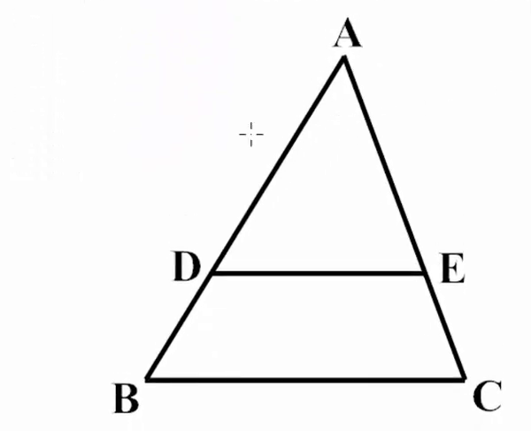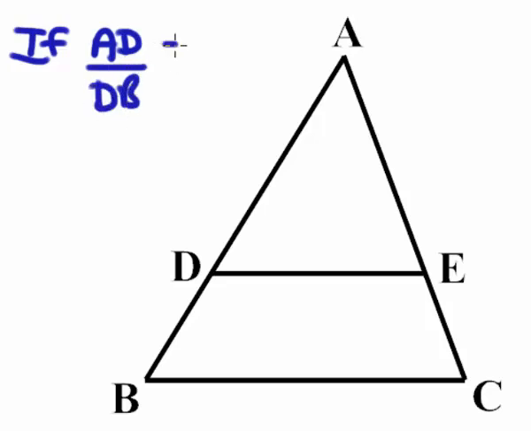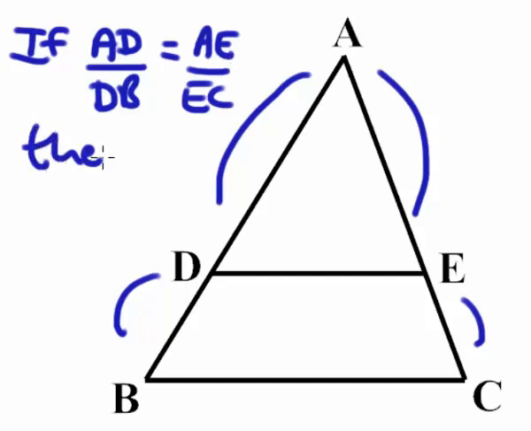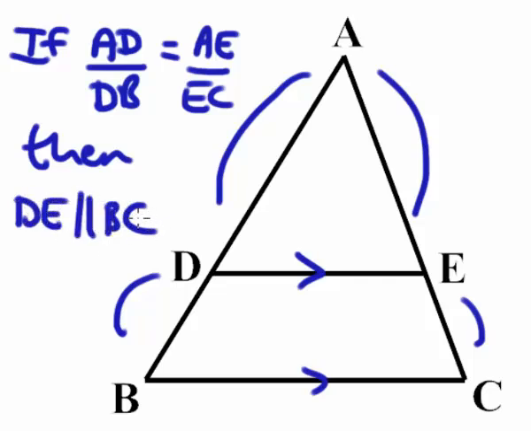If you've got a triangle, and in this triangle you can prove that AD over DB is equal to AE over EC, then what we can conclude is that the line DE is parallel to BC. And this is what we call the converse of Theorem 1.